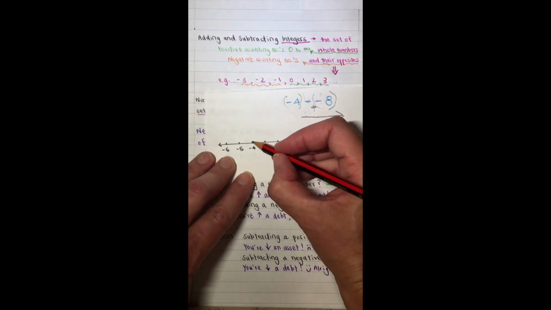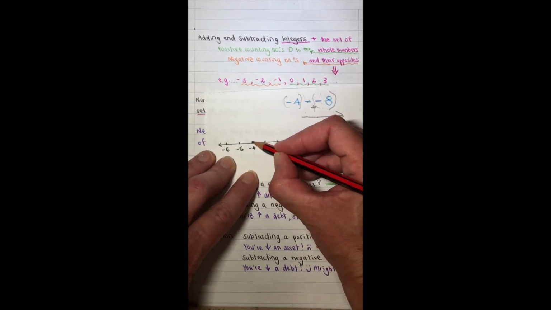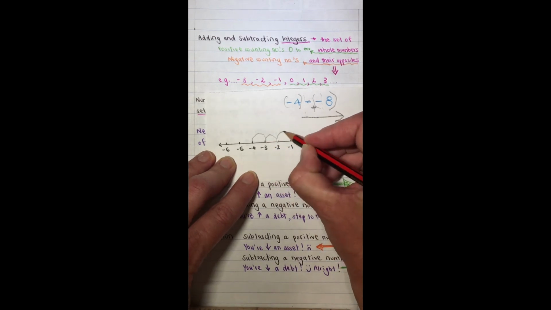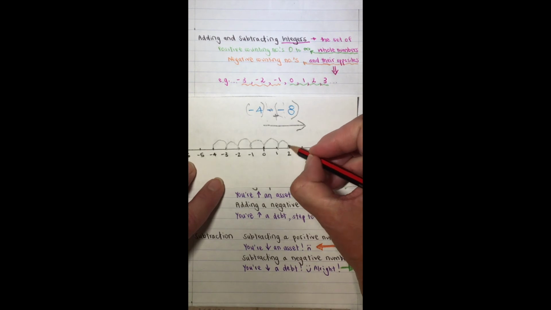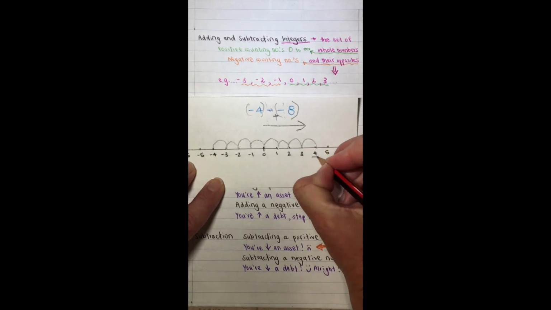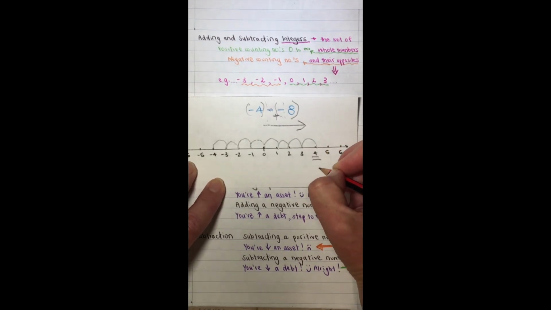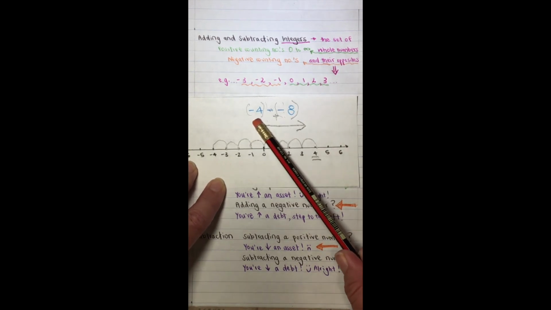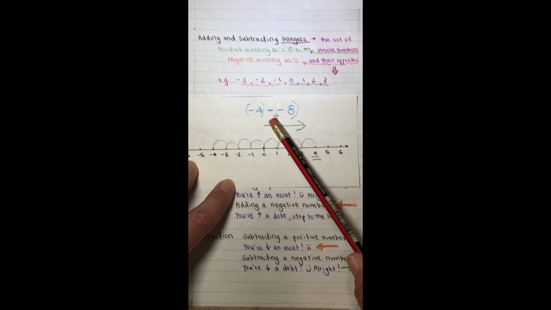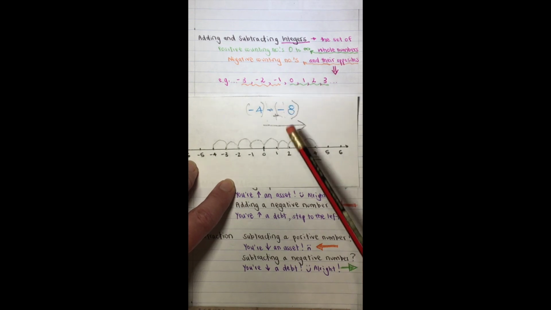We'll start at negative 4, and I get to decrease my debt by 8. 1, 2, 3, 4, 5, 6, 7, 8. Boom. I'm on 4. Brilliant, hey? It's like I owed my dad $4, and then my nan gave me 8. I handed 4 back to my dad, and I got to keep 4.